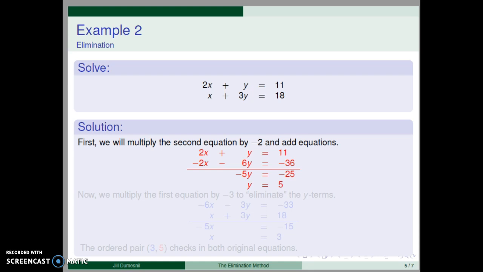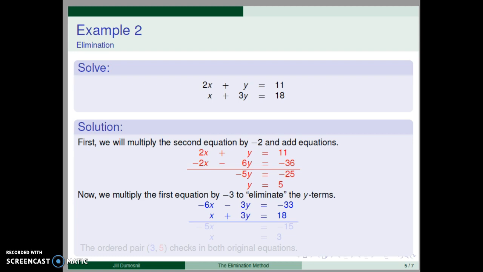We still need to find the x-coordinate of our solution. So we start over with the original equations and multiply the first equation by -3 to eliminate the y terms. We get -6x - 3y = -33 and leave the second equation in its original form.